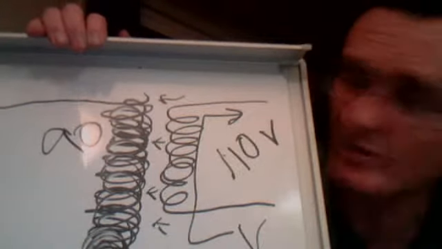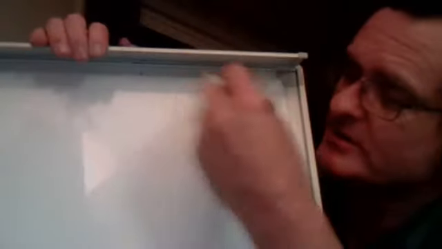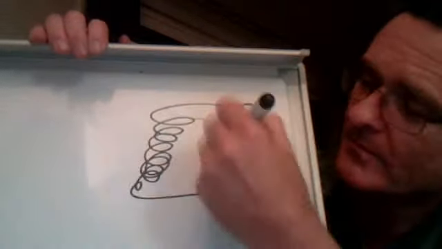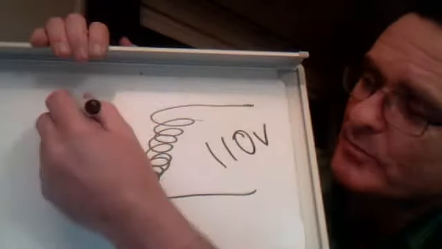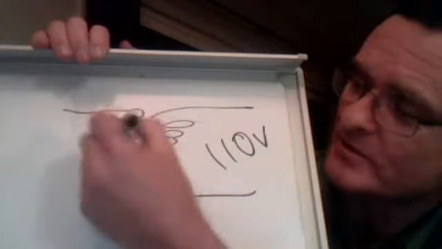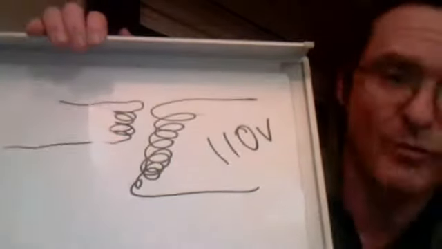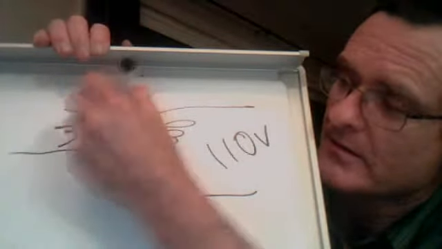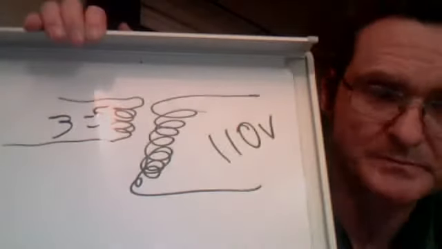The same principle is also used to step down the voltage from 110 down to approximately 3 to 5 volts to run one of the control circuits for the tube itself.